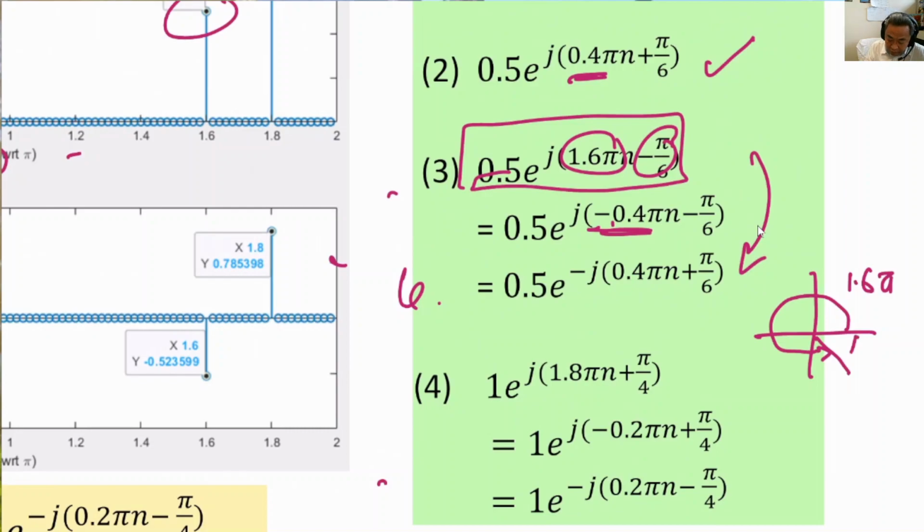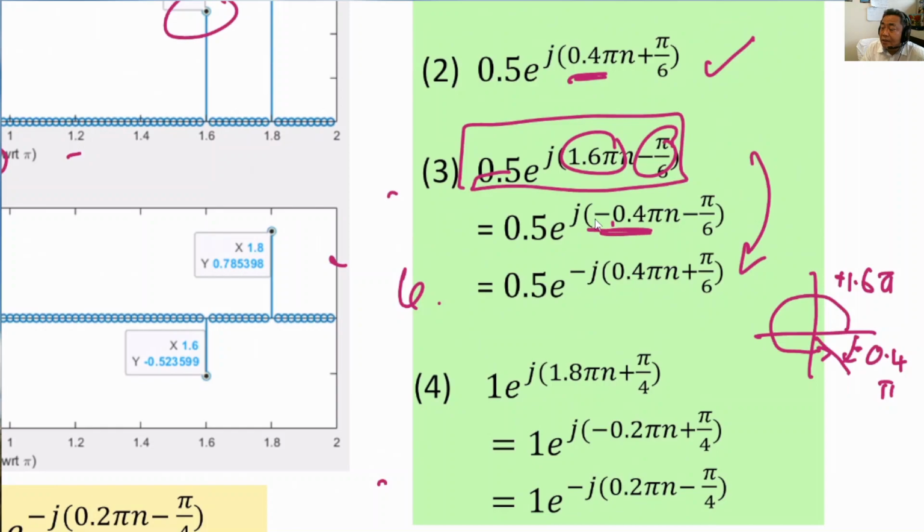But this is equivalent to 0.4 pi rotating in the clockwise direction. So a positive angle is rotating anti-clockwise, a negative angle is rotating clockwise. So they are reaching the same point over here.